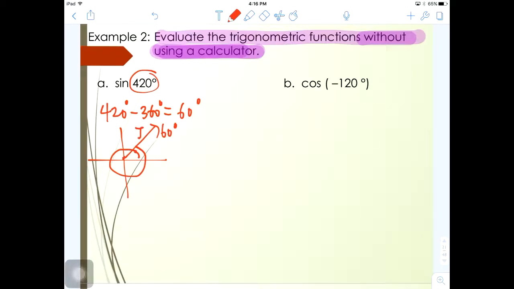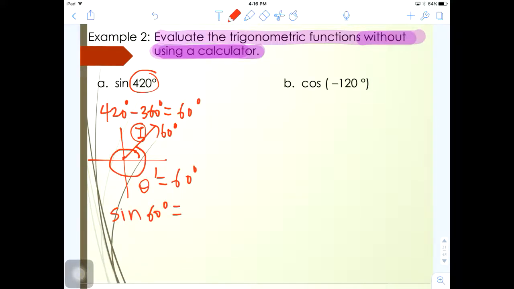So the angle is actually in quadrant 1, which means when the angle is in quadrant 1, the angle itself is the reference angle. So I know I have theta prime is 60 degrees. Now, because I have the reference angle, I'm going to find the sine of the reference angle.